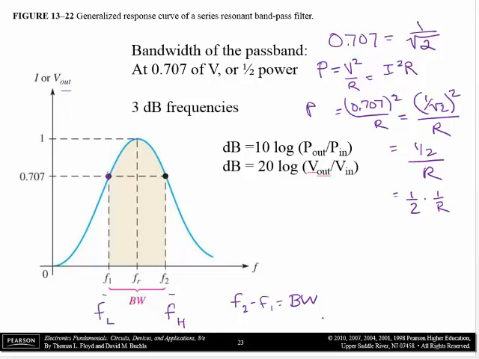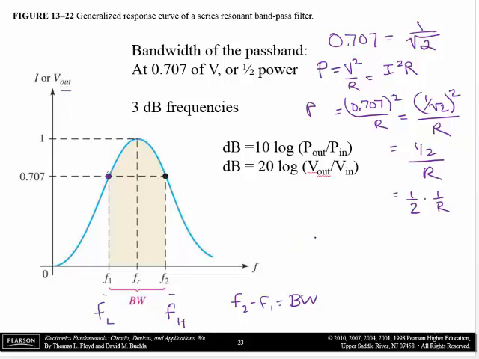So another aspect of this, so introduce a little bit more math here, is that this half power point is also called a 3 dB frequency. And to understand what a 3 dB frequency is, you have to understand what a dB is, or a decibel unit.